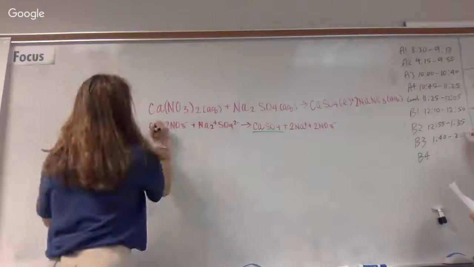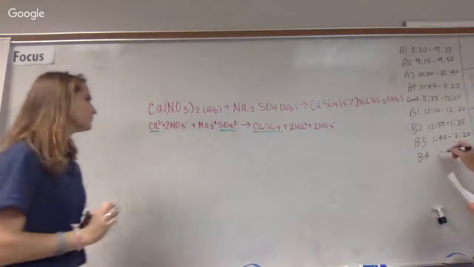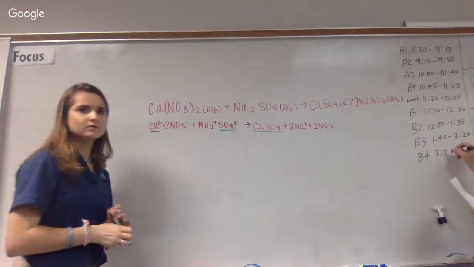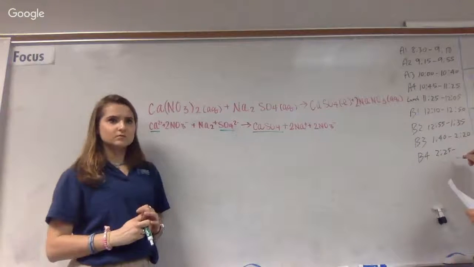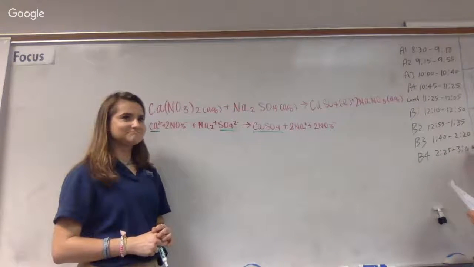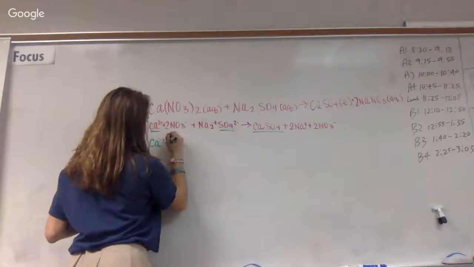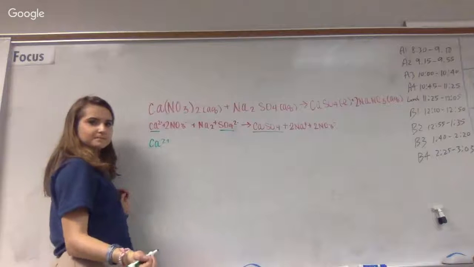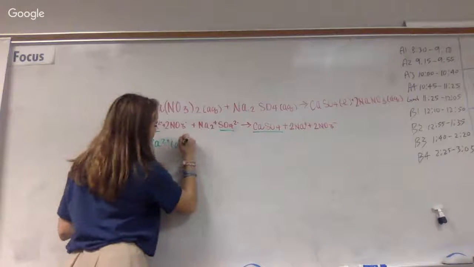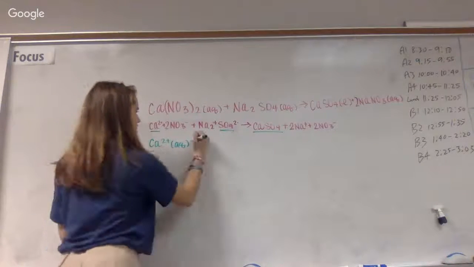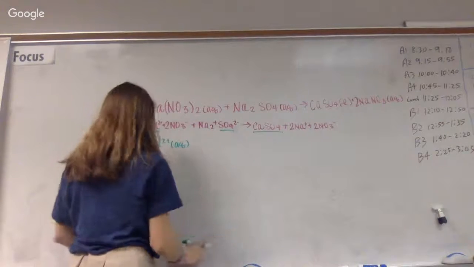Yep, so underline that and that. So those are the things that are going to be involved in writing our net ionic equation. Everything else is our spectators. So on the line right below, can you write Ca2 plus? Now this time we are going to write AQ. And those are typically subscripts, so just make sure that they're a little bit smaller.